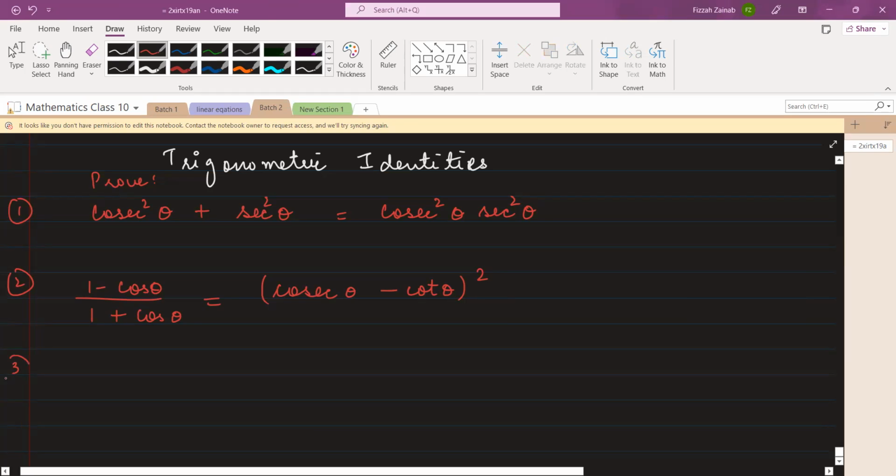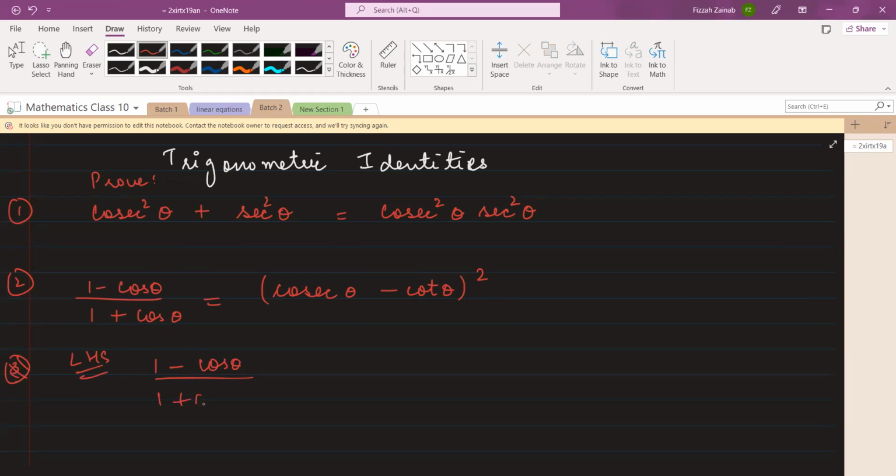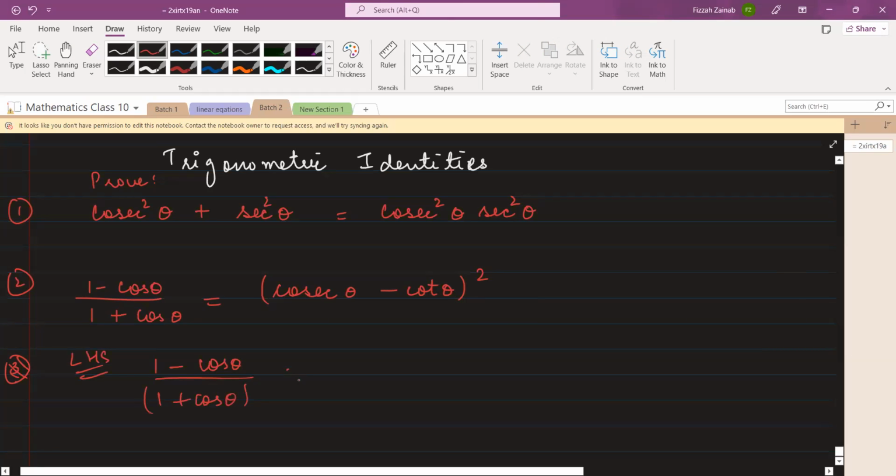Okay, so I'm writing. Ma'am, can you explain? Okay, so this is 1 minus LHS if you consider. So you have to rationalize, okay? 1 minus cos theta, because there's nothing else here. So multiply by 1 minus cos theta and divide by 1 minus cos theta, right?